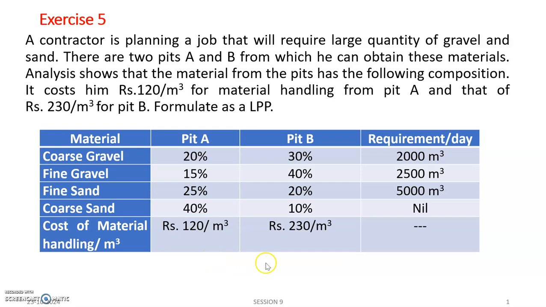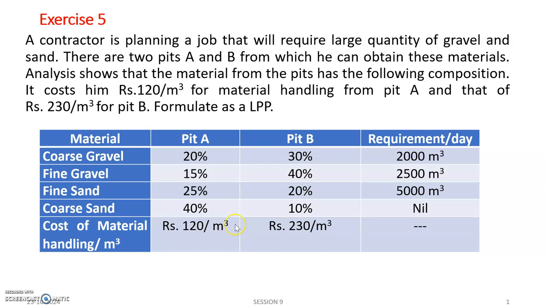So let me explain this problem. We can see that there are two pits which may be owned by the contractor, and from each of the pits he has to dig the soil. While digging 1 cubic meter of soil from pit A, it will cost him rupees 120, and from pit B, if he digs 1 cubic meter of soil, it will cost him rupees 230.